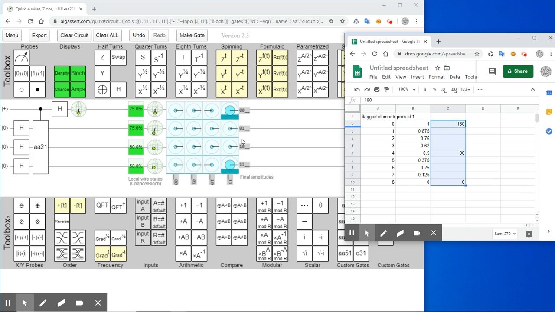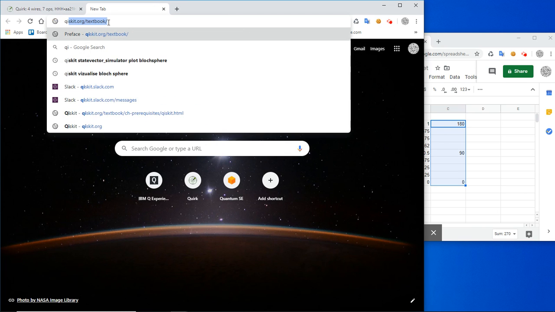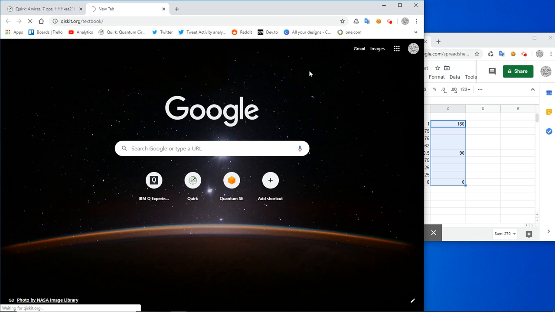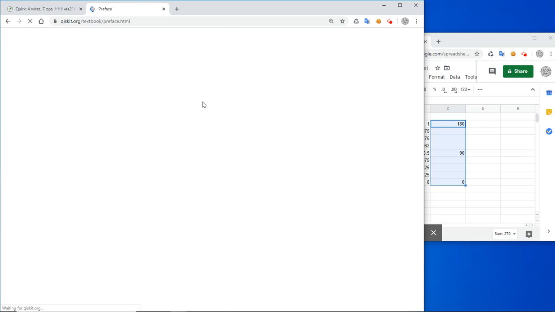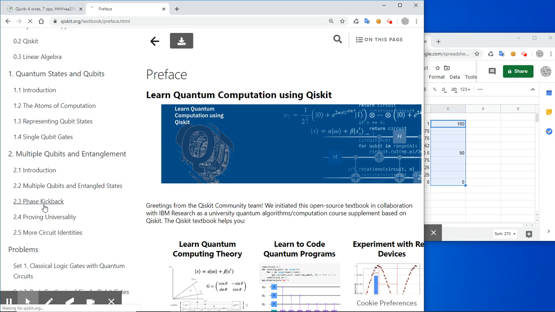Okay, maybe let's go through the phase kickback chapter of the Qiskit textbook.